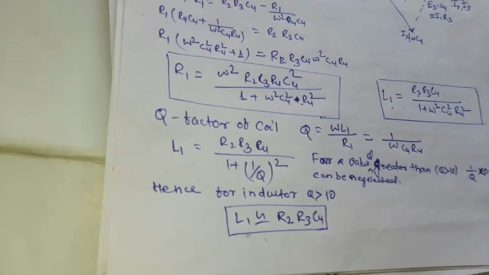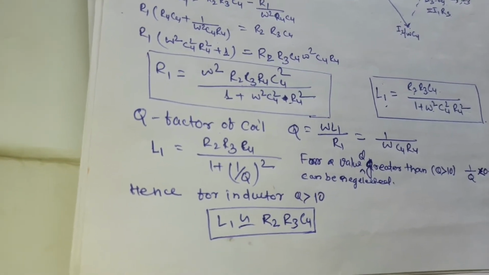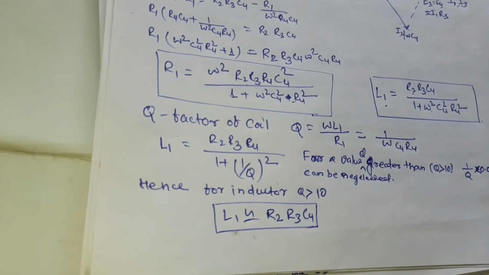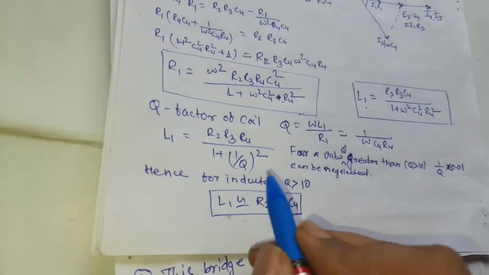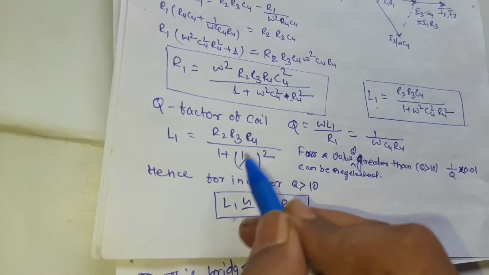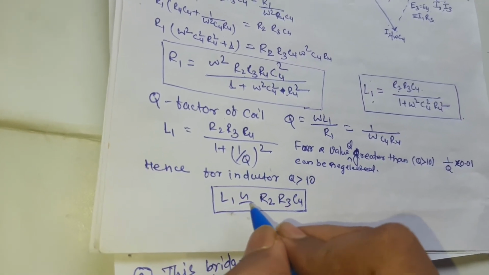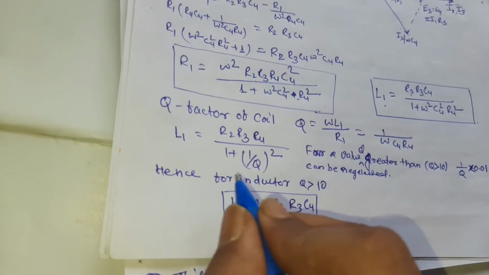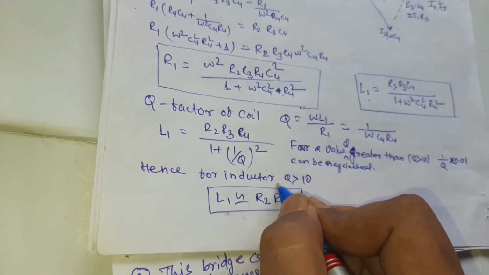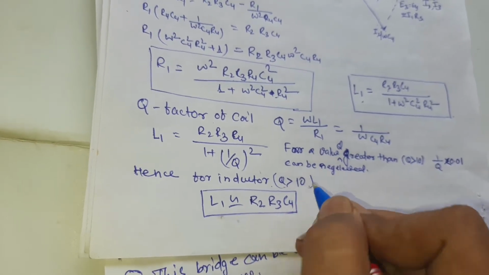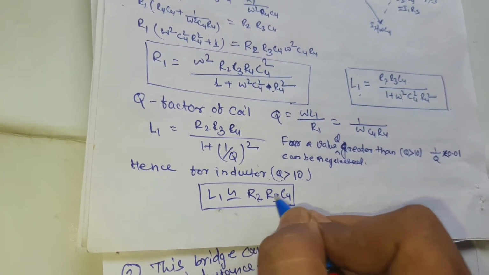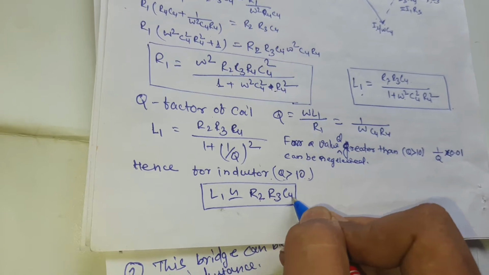As you know, if the value of Q is greater than 10, then 1 by Q square is less than 0.01. So the denominator becomes almost equal to 1, and for an inductor having quality factor Q greater than 10, L1 becomes only R2 into R3 into C4.